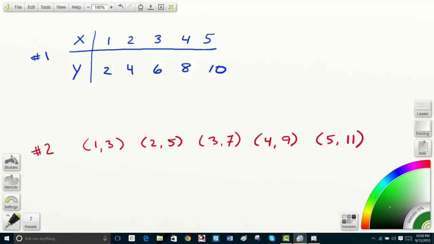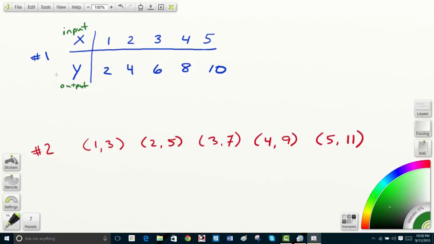Looking at the number one example, we have our top row, which represents all of the input or the domain values. So this is the input. And then our second row is the output values, or what we call the range.